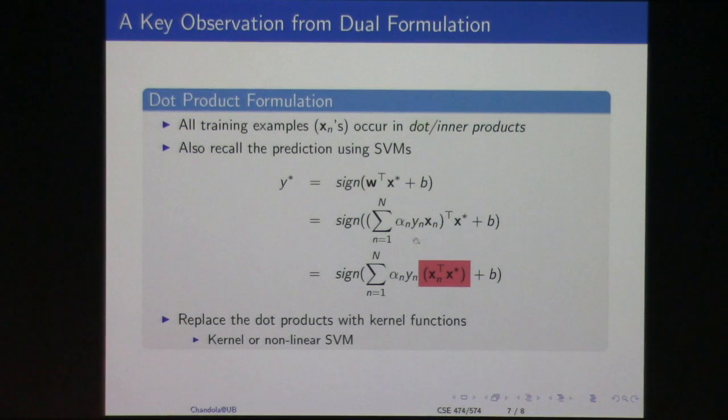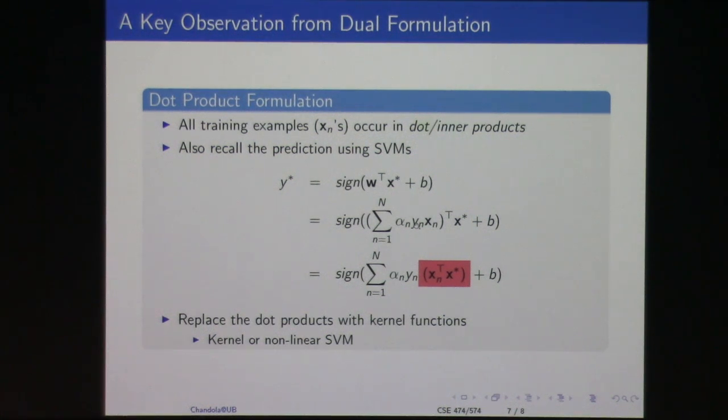They'll give you B because you need the B part, but they'll never give you W because you don't need it. In fact, if you are using an RBF kernel, you're mapping your data into infinite dimensional space, so your data is a vector of infinite dimension, which means your W will also be a vector of infinite dimension. There's no point in giving an infinite dimensional W, so they will only give you alphas.